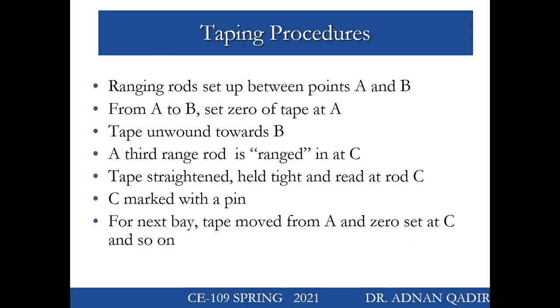Now you are in a straight line, and you have to tie the string very tight, and with the help of the string you are never worried about going somewhere else. You move with the tape, and whenever you reach 100 feet along the string, you hold your rod C, or simply peg the ground, and that's it. And we move on along the string.